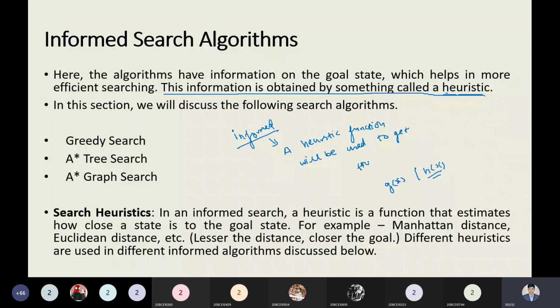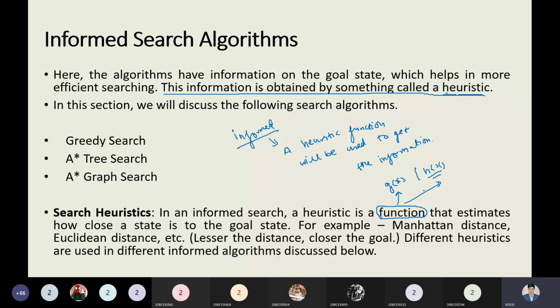That is the only meaning, and this function we can use in the form of g or h. That is the point. It is used to estimate how close a state is to the goal state.